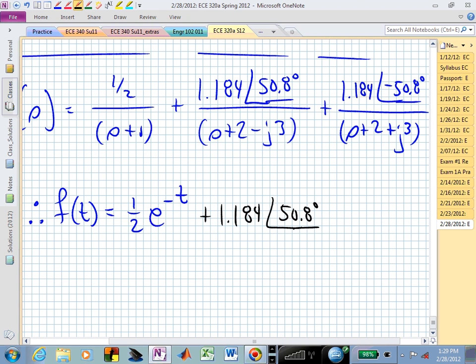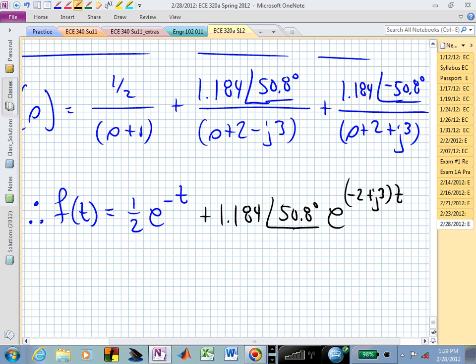But in this case, if we simply apply the formula that we've just applied, we could say, oh, that was e to the pole location -2 plus j3 times t. That's e to the p sub 2 t, just like the first one was e to the p sub 1 t, where p sub 1 was -1.